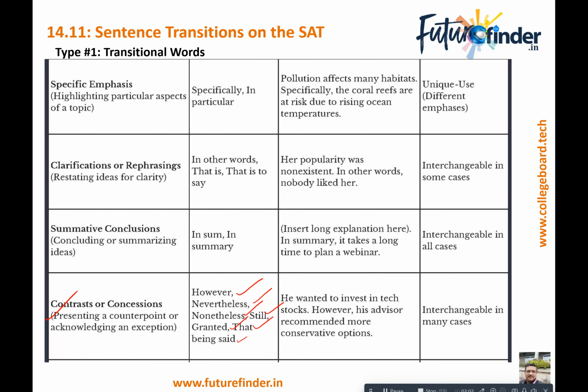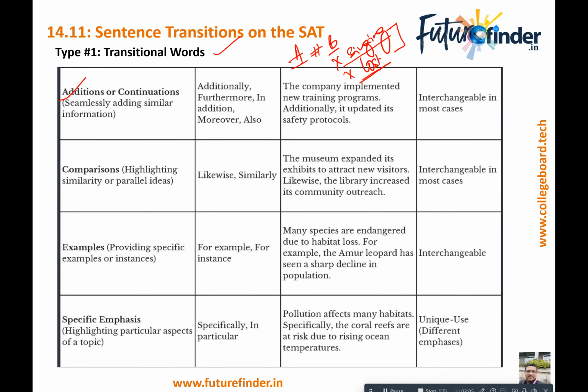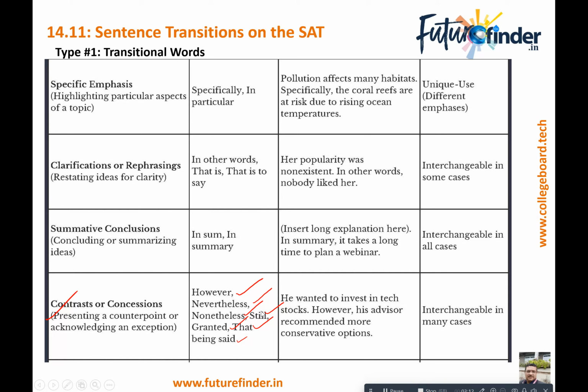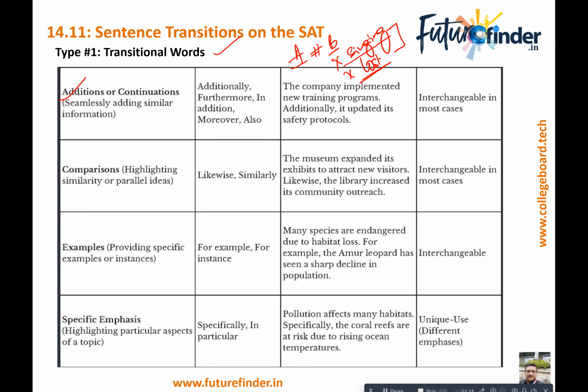So if you look at this example, X is a good singer, however, he lost the singing competition, makes sense. But X is a good singer, additionally, he lost the competition, makes absolutely no sense.